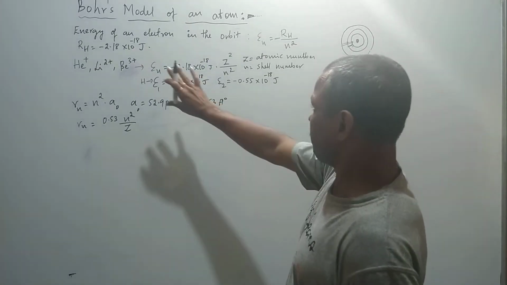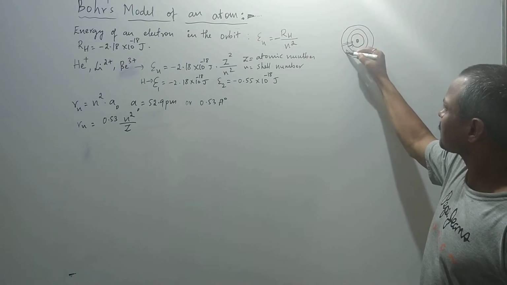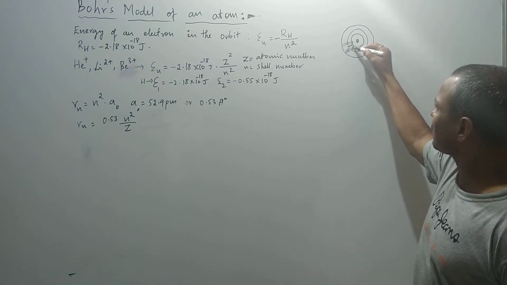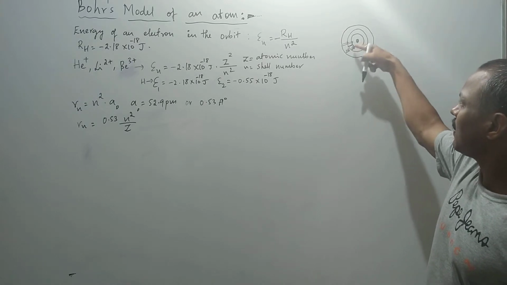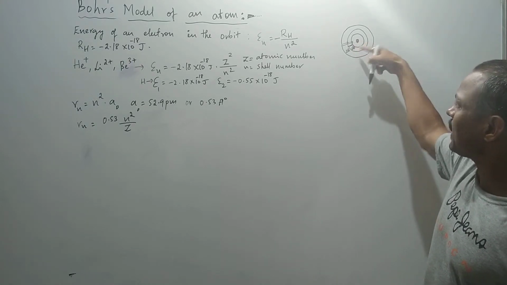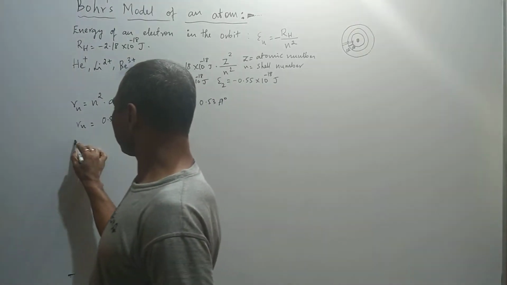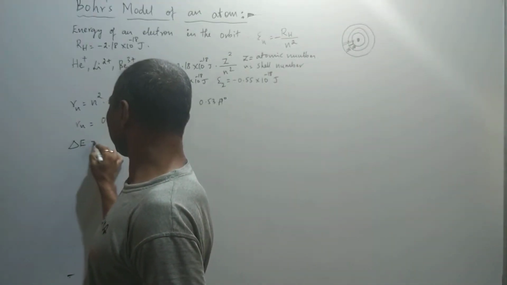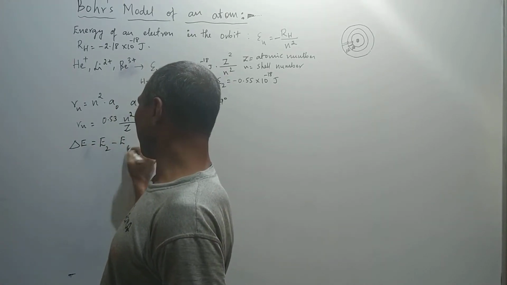Next, when I apply the change in energy, I told you that in every shell there is a change in energy. The energy of each electron in the different shells differs by delta E. How to consider the delta E value here? Delta E, as I said, is always the higher value minus the lower value.